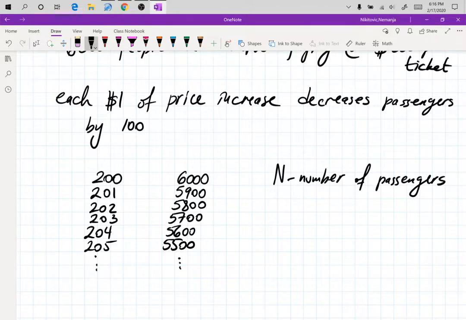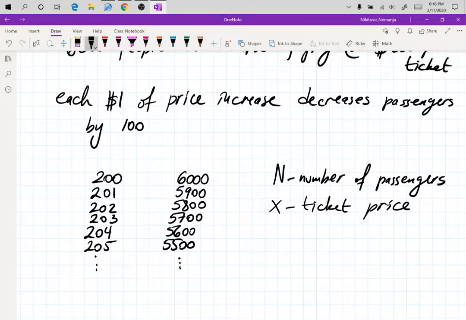Oh, X is the ticket price. Yeah, ticket price. Now, why is the ticket price variable? Well, because it's increasing, right? What if it's $213, right? What if it's $208, and so on? So ticket price is something that is changing.